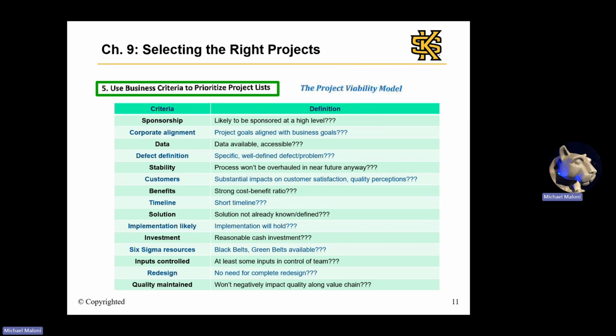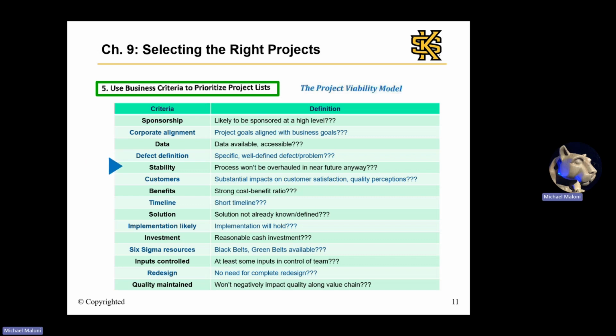For instance, sponsorship. Is the project likely to be sponsored at a high level in the organization? Likewise, corporate alignment. Are the project goals aligned with our business goals? And data. Is data available and accessible? Next is defect definition. Is the defect or problem specific and well-defined?